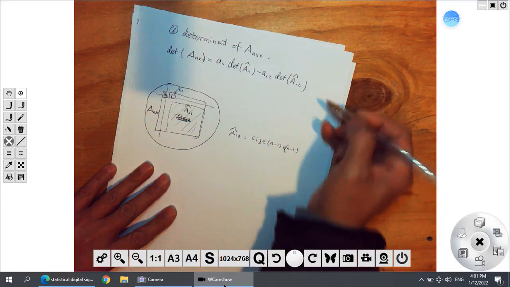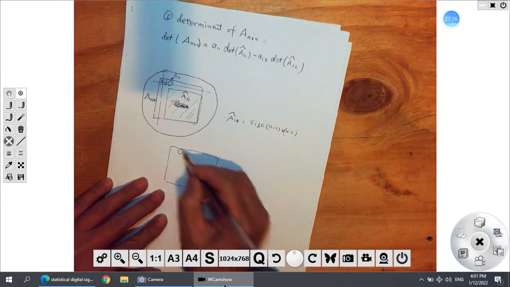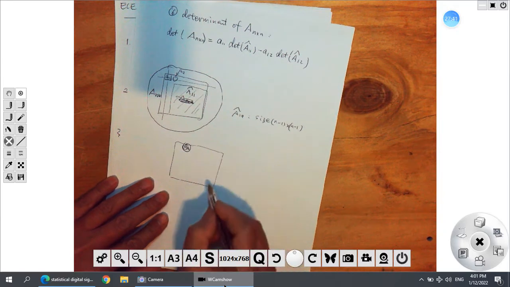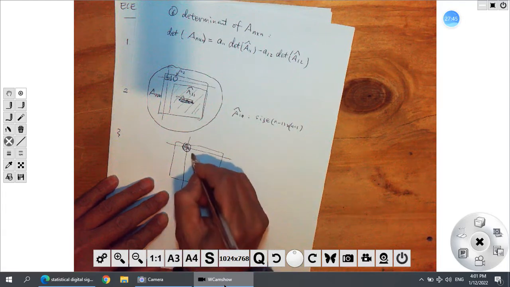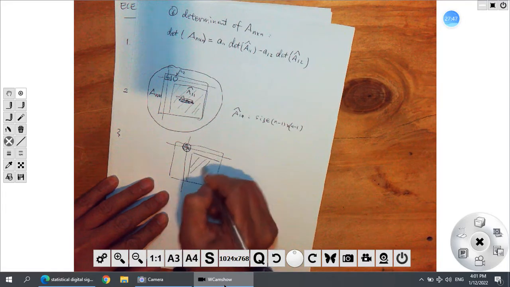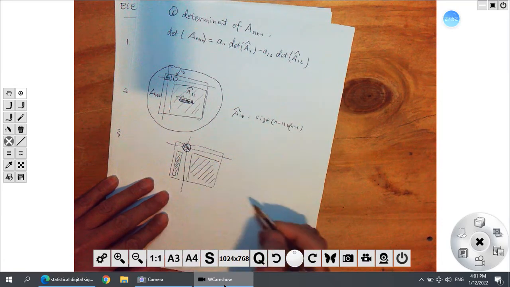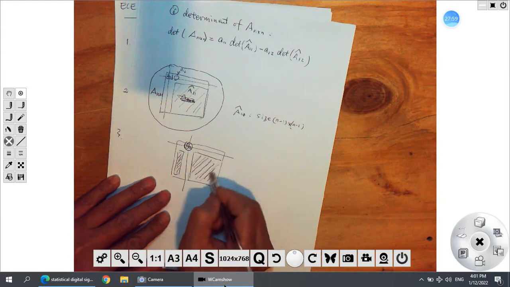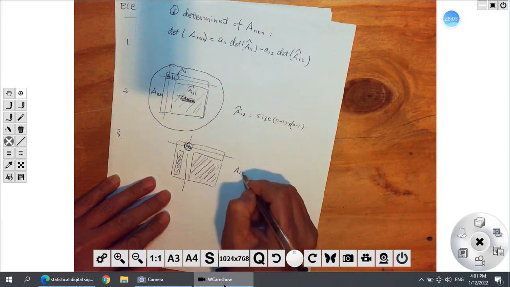What is A hat 12? We do the same thing. This is A12, and I remove its row and its column. I have the rest part, and all the elements in the shadow I put together to get A hat 12.